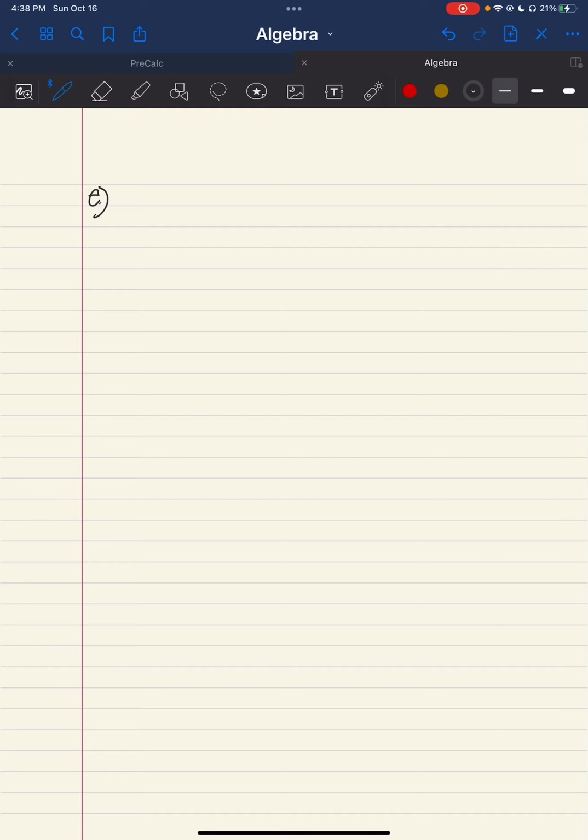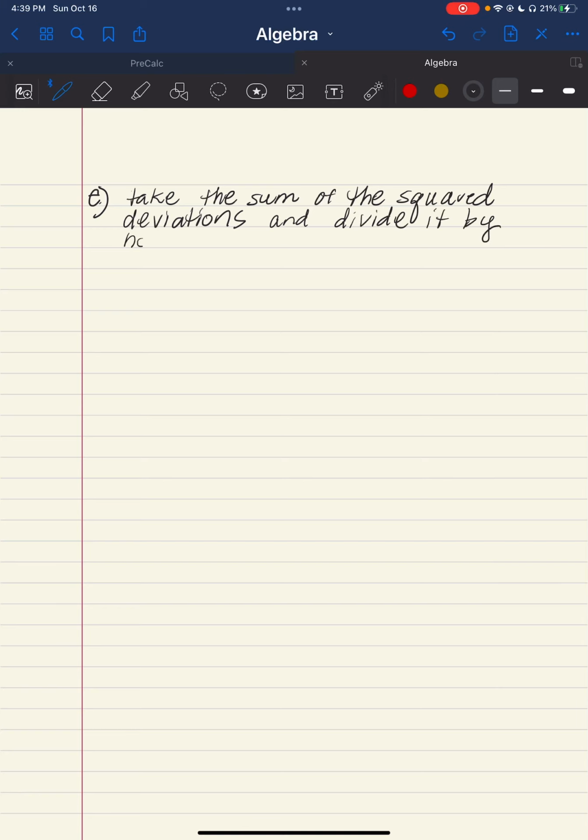When you have the number 700, you're going to take your sum, which just means adding, of the squared deviations, which is what we had to do to get rid of the negatives. Take the sum of the squared deviations and divide it by how many data points there are. Just like you would do with the average, because we're kind of taking an average, right?